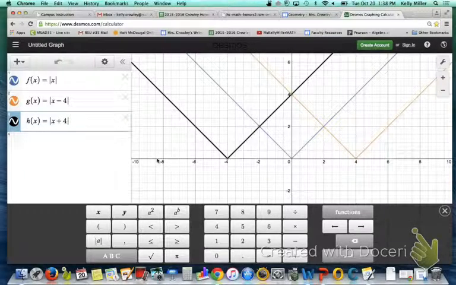Translate up 2 units. Good. So there's our left and right movement. There's our up and down movement. Questions with that? All right, we have 3 more: stretches and compressions.